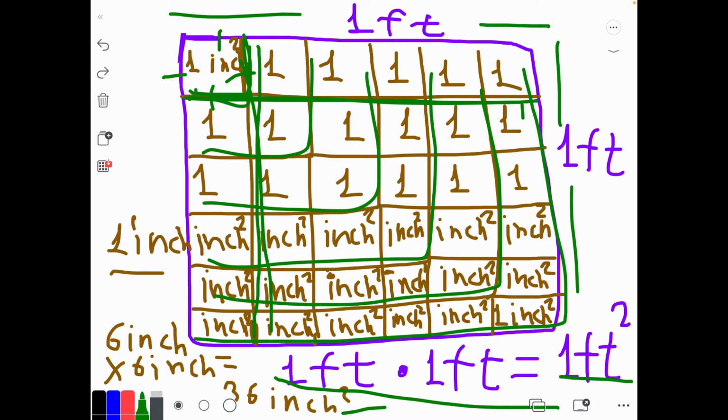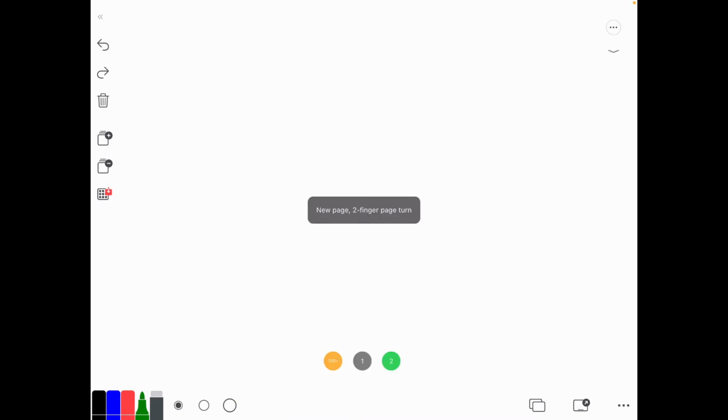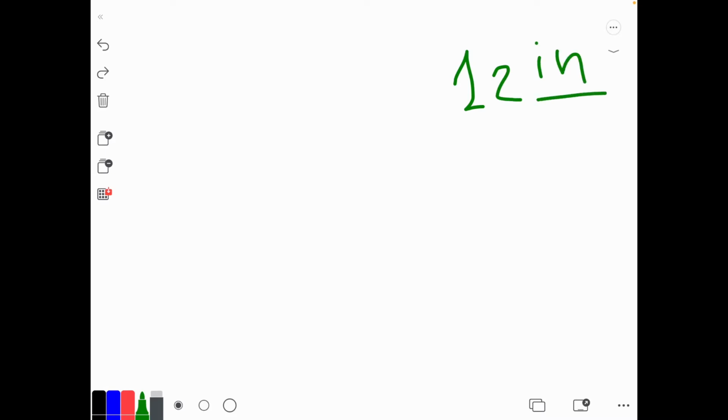Now it tells us to compare the ratio of these inches and feet in our problem. So the normal one, which it says over here, is 12 inches per foot.